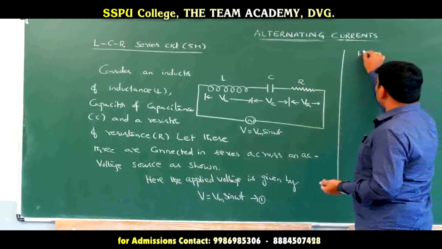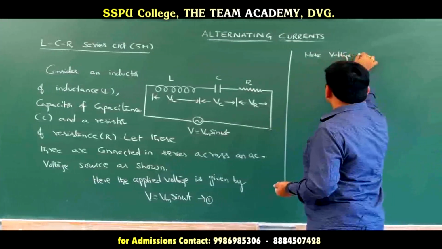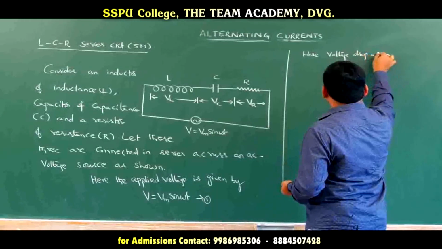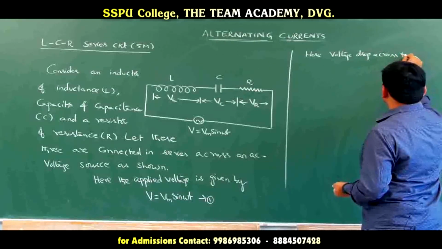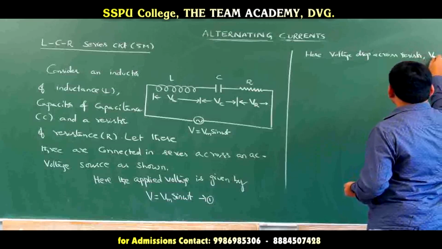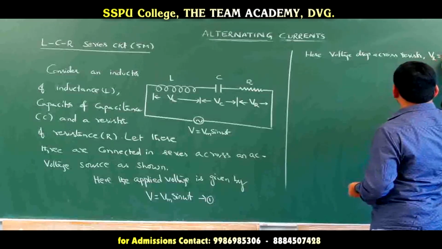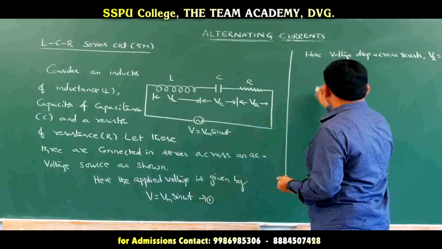So here, the voltage drop in the resistor is VR = IR, where I is the current at some arbitrary instant of time.